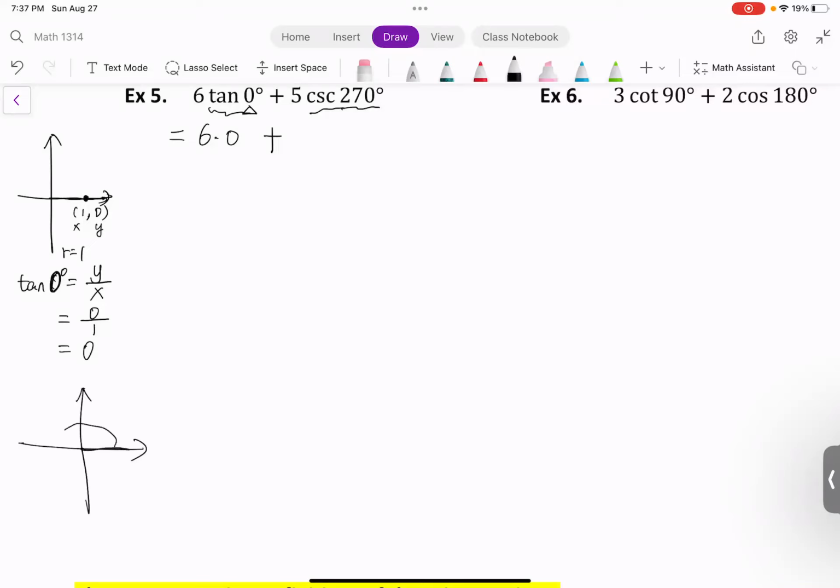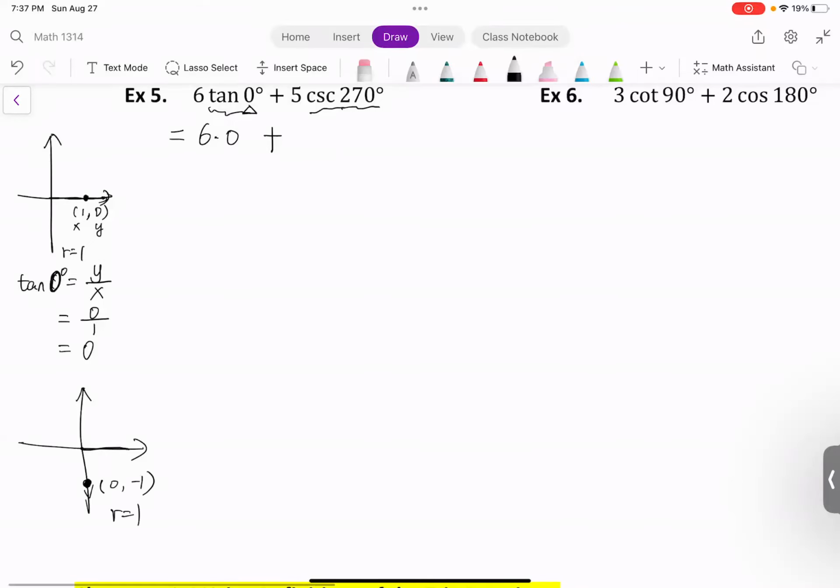From here, all the way rotate, I got here. This is my terminal side. So what is the coordinate of this point? This point could be 0, -1, and then r is 1.